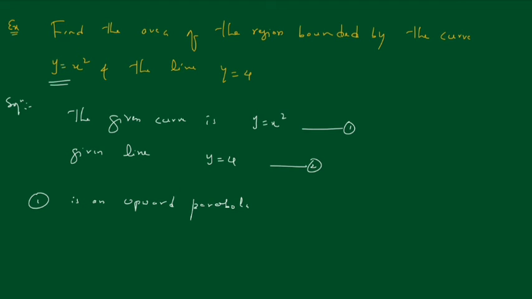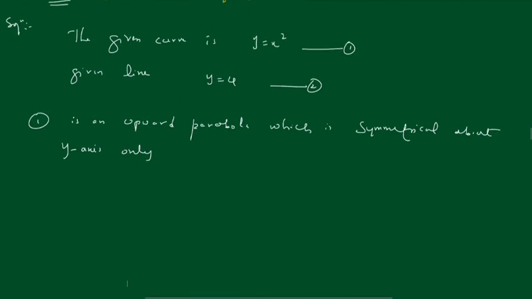If you know the graph of a parabola, then only we can say it's an upward parabola. So initially we have discussed the standard forms of all the conic sections. So here we can say directly equation 1 is an upward parabola which is symmetrical about the y-axis only, right? So let's see the graph for this one.